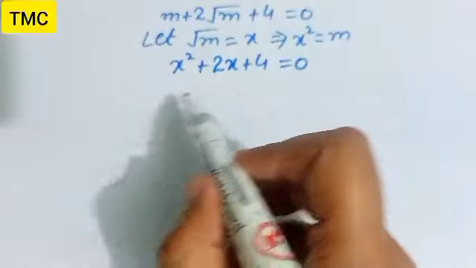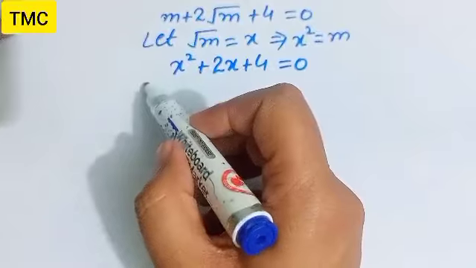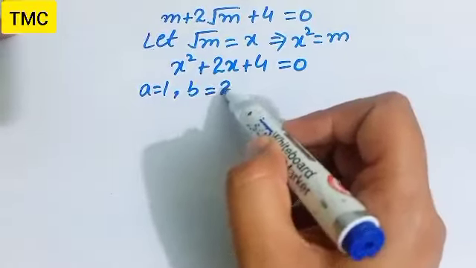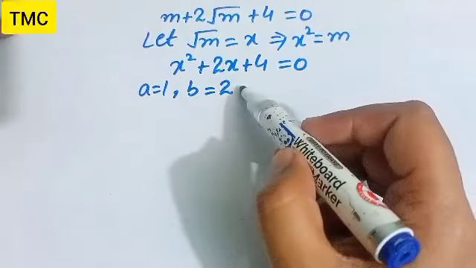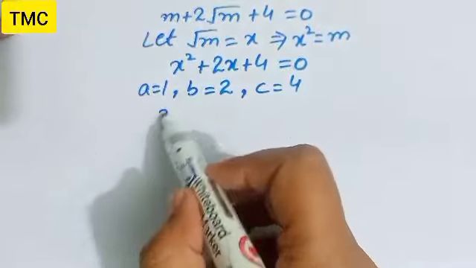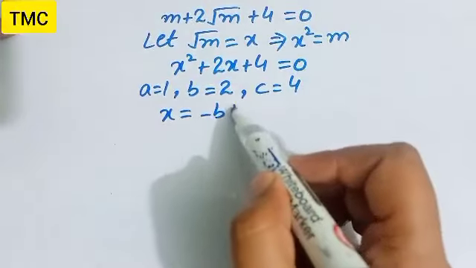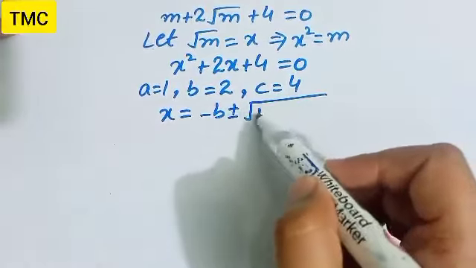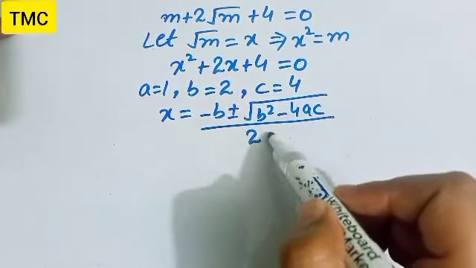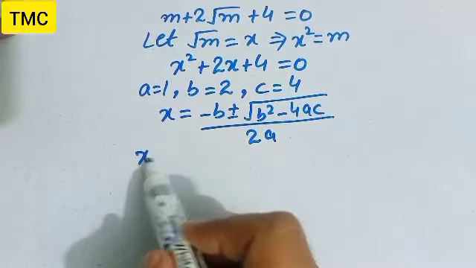Here it becomes a quadratic equation, and we have a equals 1, b equals 2, and c equals 4. Now solving this quadratic equation by using the quadratic formula, x equals negative b plus minus square root b square minus 4ac by 2a.